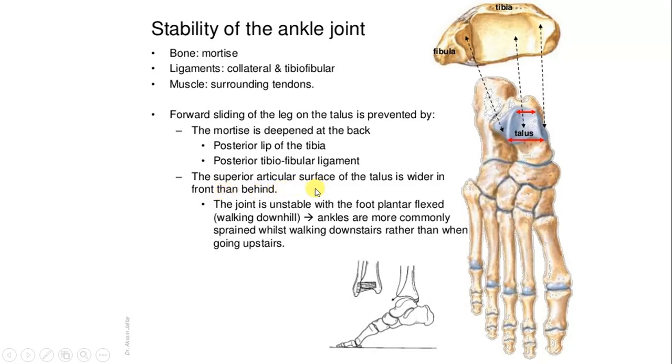So what is the benefit of this? The joint is unstable in plantar flexion, such as walking downhill, and is more commonly sprained while walking downstairs than when going upstairs. This also explains why women who use long heels, in which the foot is already in plantar flexion, are walking as if they are coming down hills or walking downstairs.